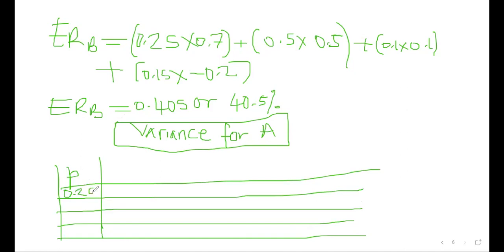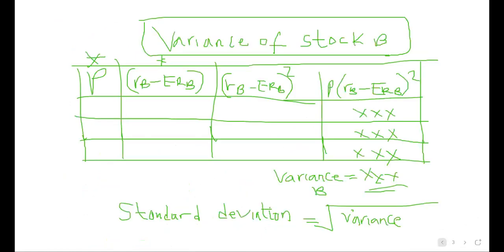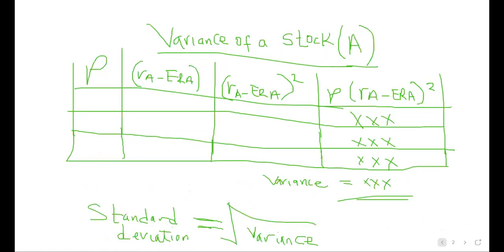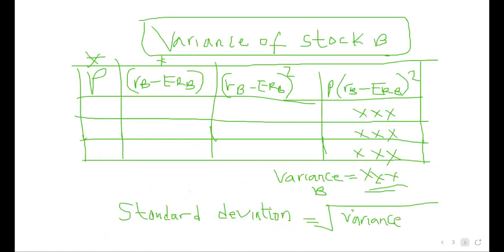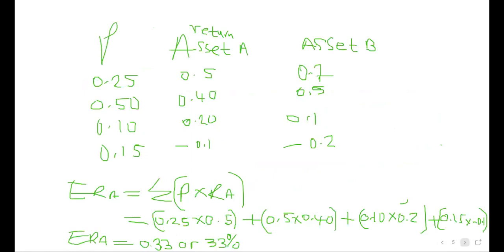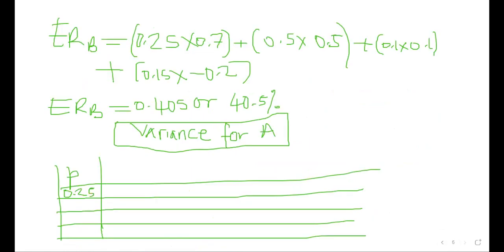I want you to understand this table that somebody asked about, how you get this table. It's this table that we're filling in now, so that you understand how we are getting down to the variance.